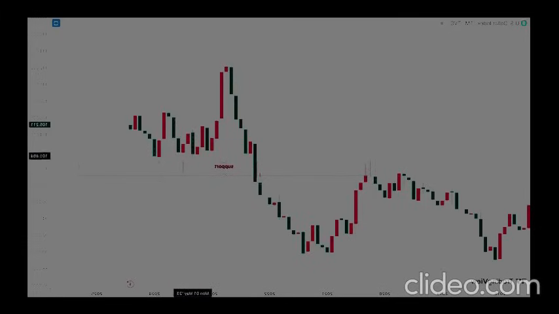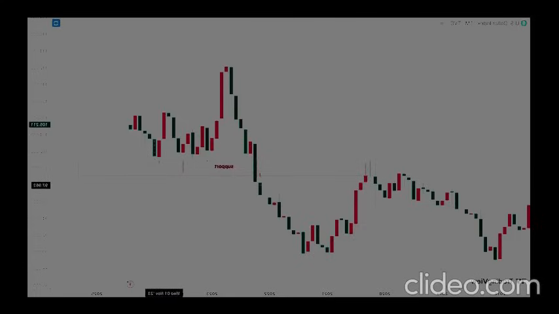So as you can see, the market has bounced on this support several times, but I think this would be the real move from this support.